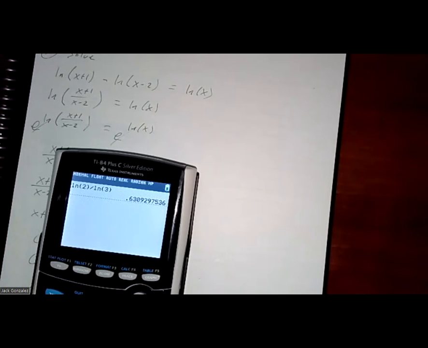What is ln of negative 0.303 plus 1, minus ln of negative 0.303 minus 2?